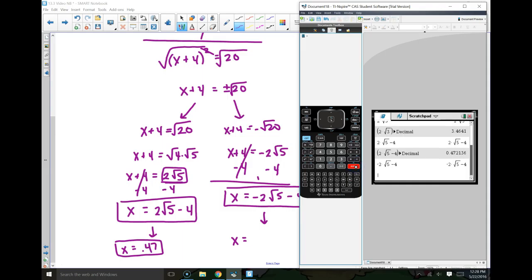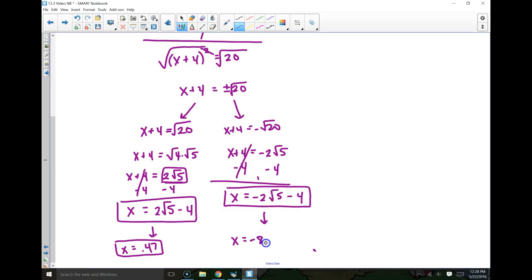You hit enter. It won't approximate it until you go to menu, number, convert to decimal, and hit enter. And there I get negative 8.47. So this is negative 8.47. Okay, so this is my radical form answer right here, and this is my decimal approximation form.